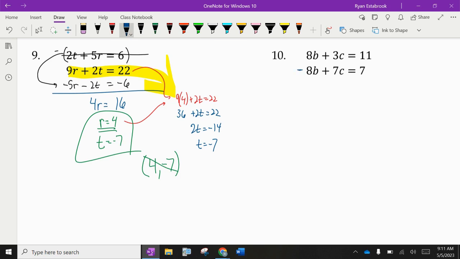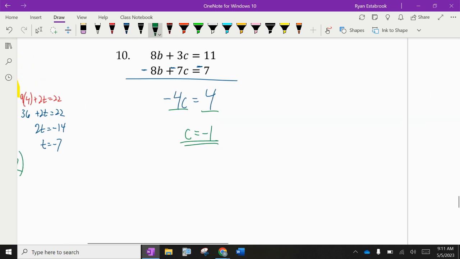I would say let's multiply this bottom one by a negative, or we could have done the top one. The reason why that's helpful is because now when you add the b's together, they are eliminated. 3c minus 7c, that's negative 4c. 11 minus 7 is 4. Divide both sides by negative 4.